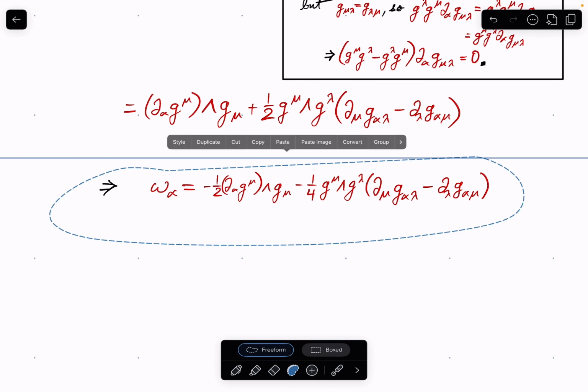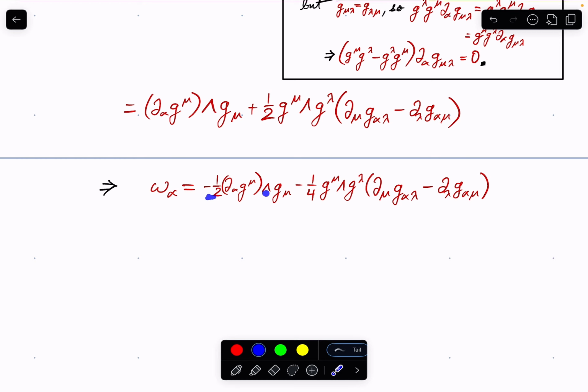Well, what we can do is absorb the negative sign into this outer product by just swapping the order of the products.